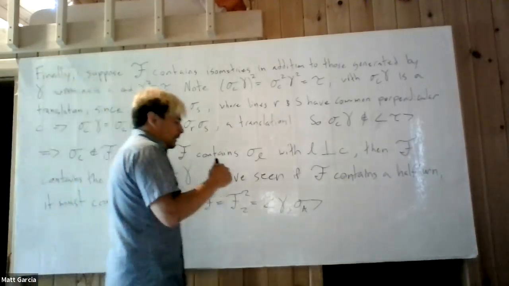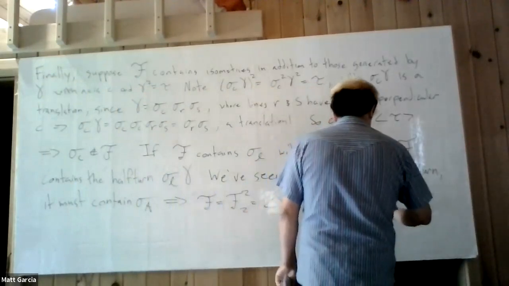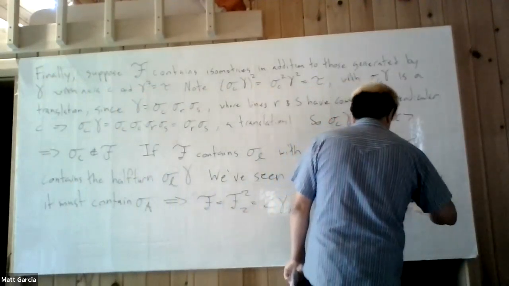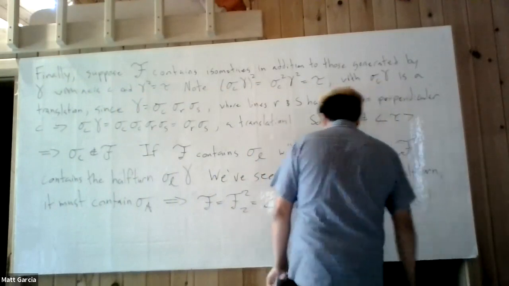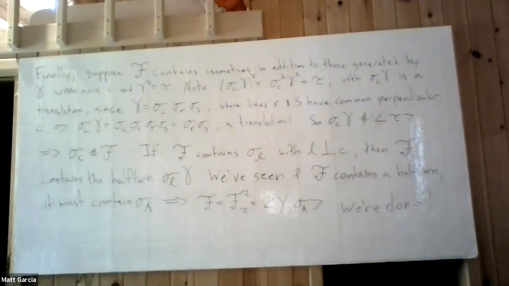So, in other words, we're done. Those, in fact, are all 7 of the possibilities for the symmetry group of a Frieze pattern, or a so-called Frieze group.